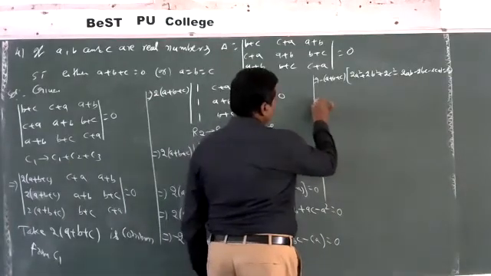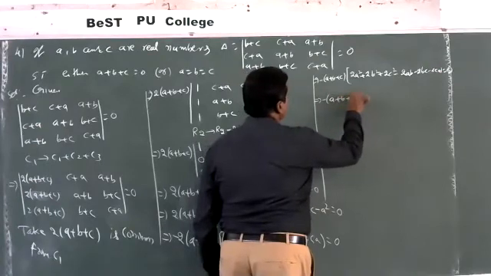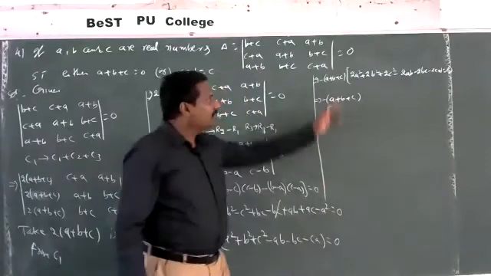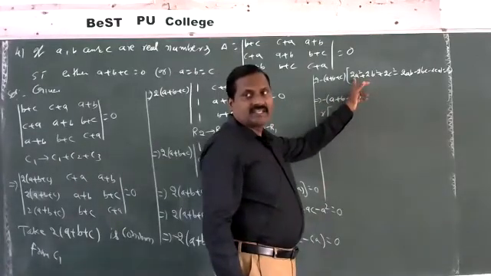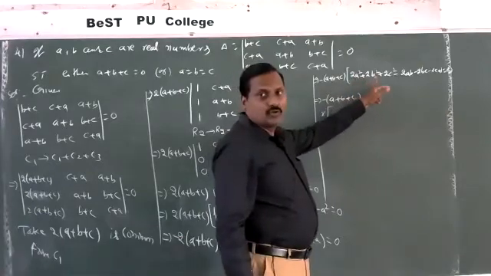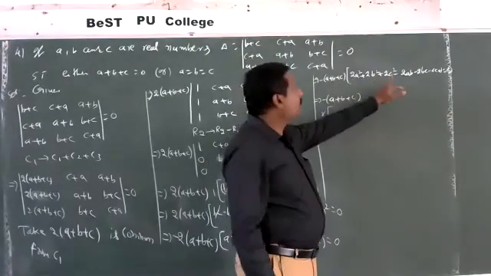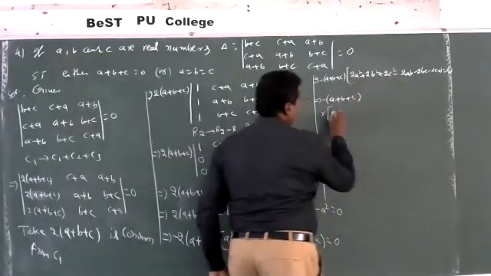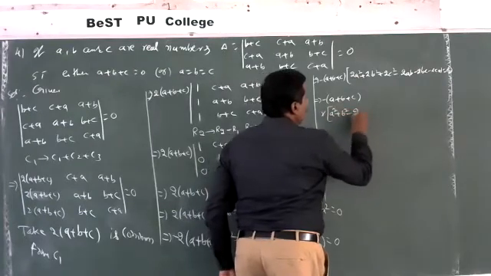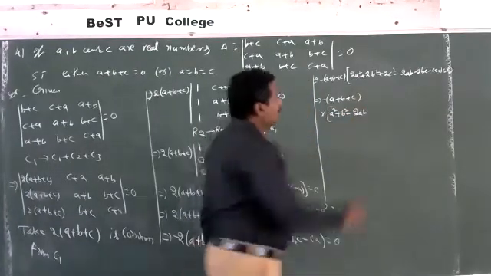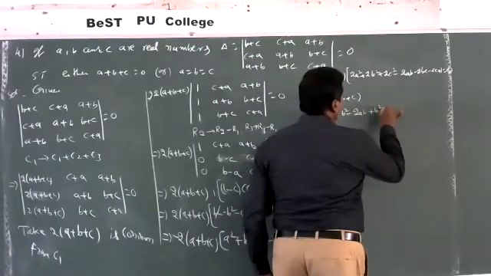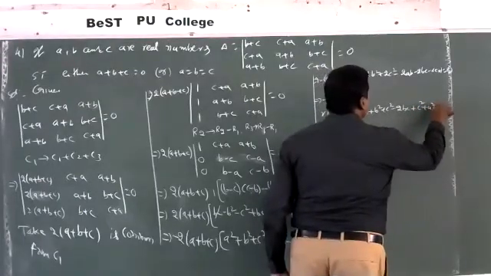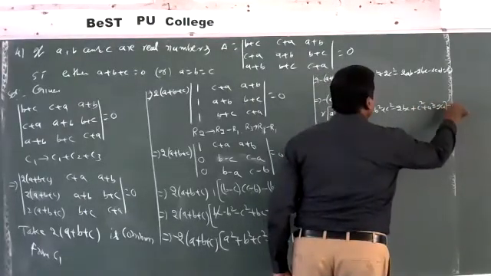Listen to this step. Here 2a square is there, right? a square plus a square, 2b square is b square plus b square, 2c square is c square plus c square. This side you can write as a square plus b square minus 2ab, b square plus c square minus 2bc, plus c square plus a square minus 2ca equal to 0.